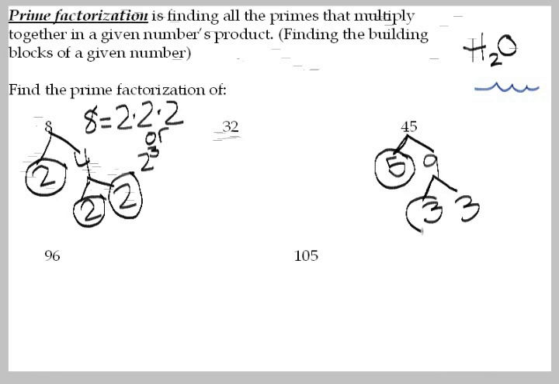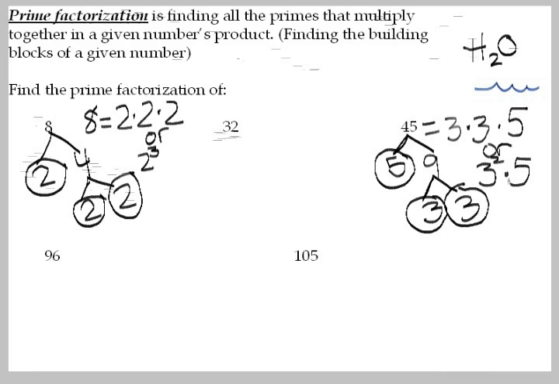And 3 is a prime number, so we'll circle those. So 45 equals 3 times 3 times 5. Or we can abbreviate it by writing 3 squared times 5. And that's the prime factorization of 45.